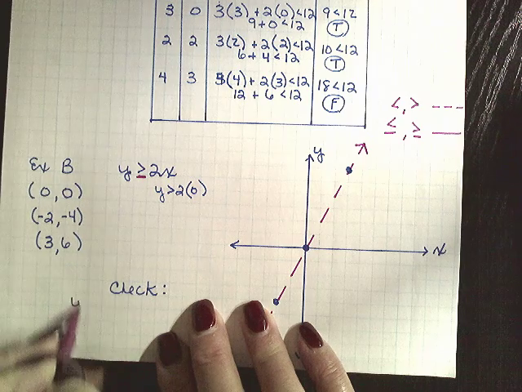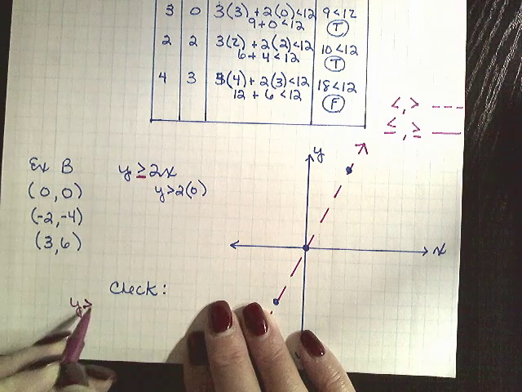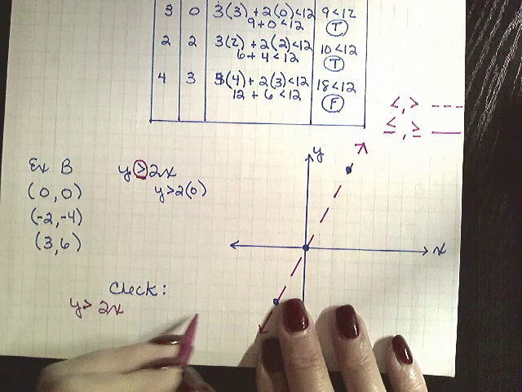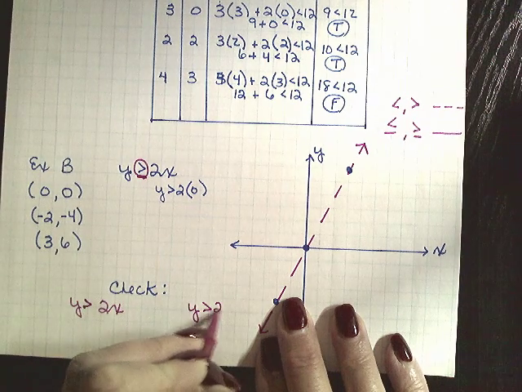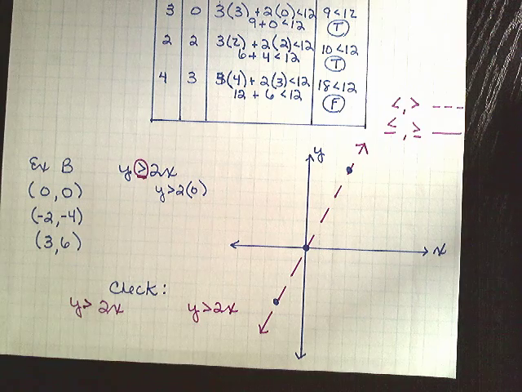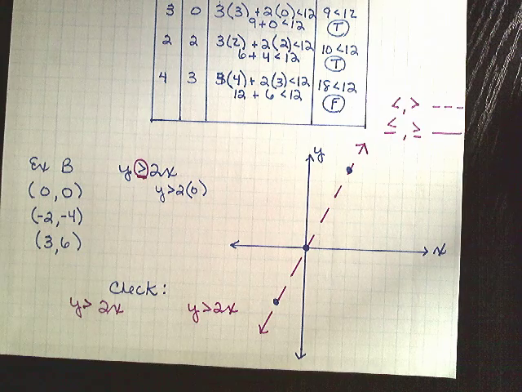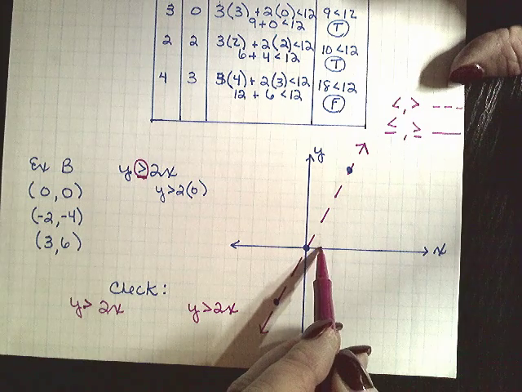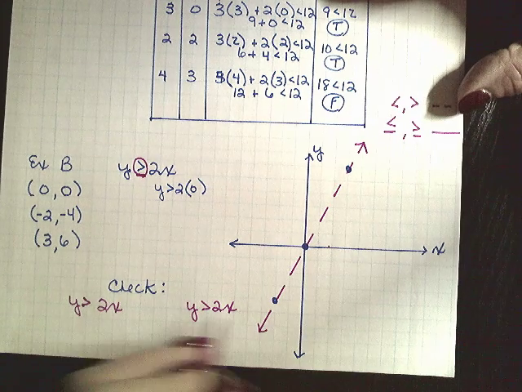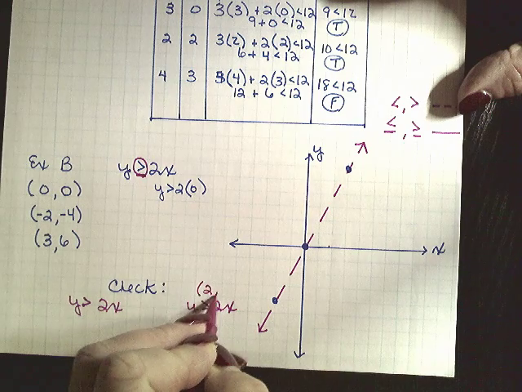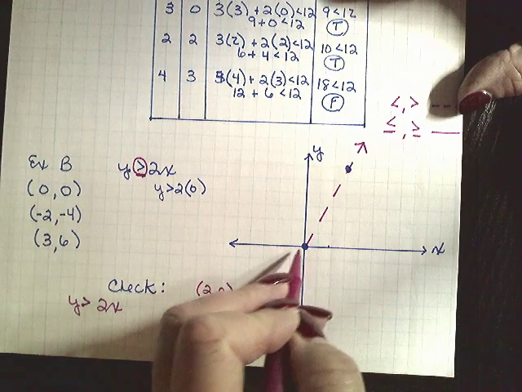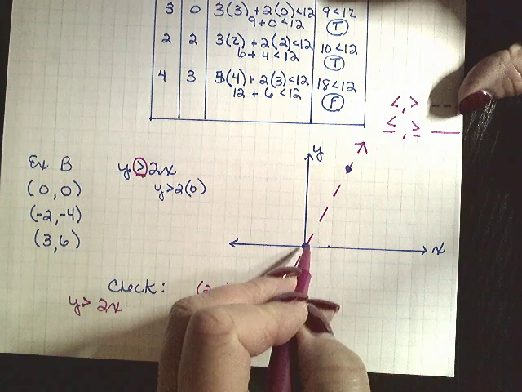So I'm going to write y is greater than 2x, and I'm going to circle that so you can see it. Then I'm doing it again, y is greater than 2x. Now I want you to pick 2 points, one on each side of that line. So I'm going to pick (2, 0) for one of them, and for above, for this whole section, I will do (0, 2).